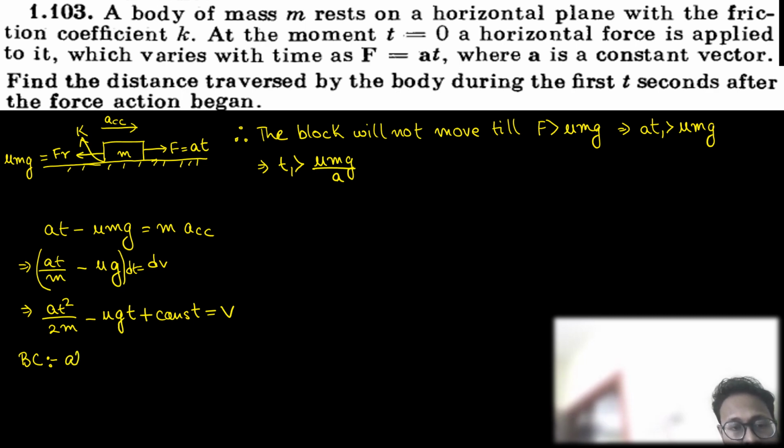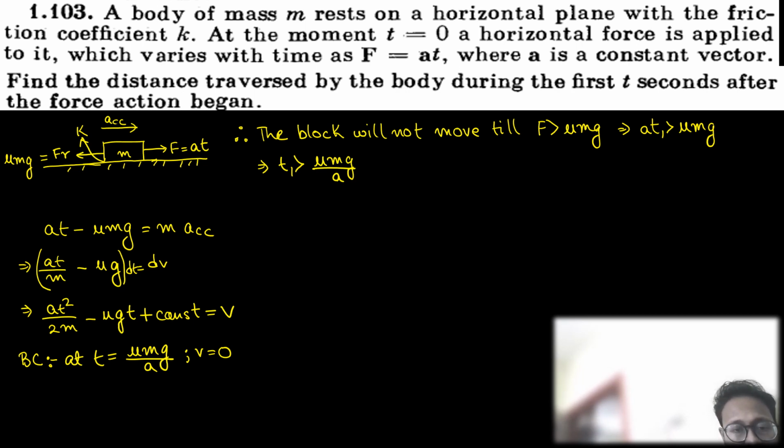So at t equal to mu mg by A, v is equal to 0. Obviously the block was at rest before this time also, but in order to find the value of the constant in this equation, we need to put the limiting value, and the limiting value is t equal to mu mg by A. At this point the velocity of the block just started changing from 0.